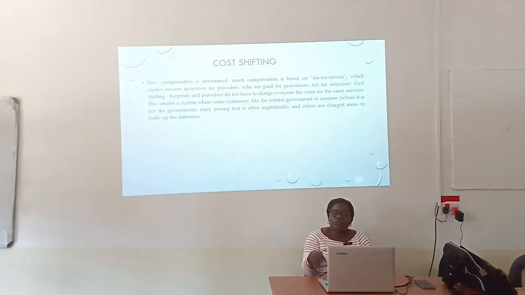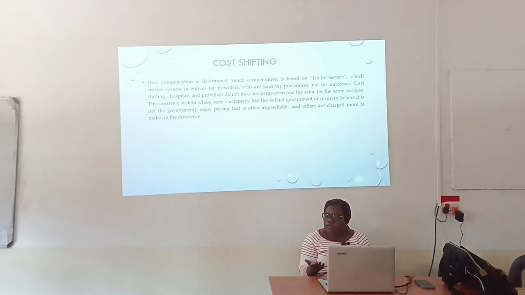The government is going to pay the fee of that patient according to the price limits that the government pays. Do you understand what I mean? The service is the same, but the price differs because of who is paying the cost, like the government or the various insurers. So some patients enjoy lower pricing and some of them are charged more, which makes up for the difference.